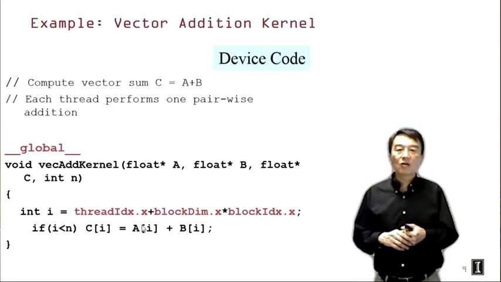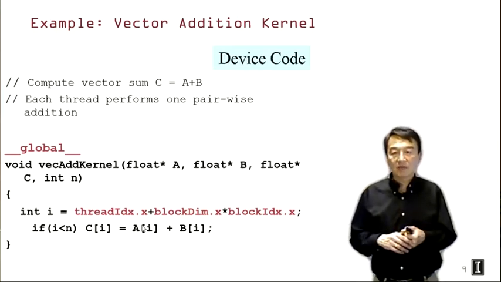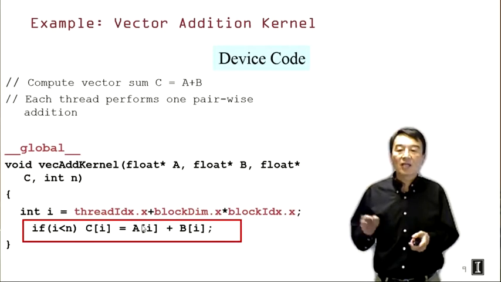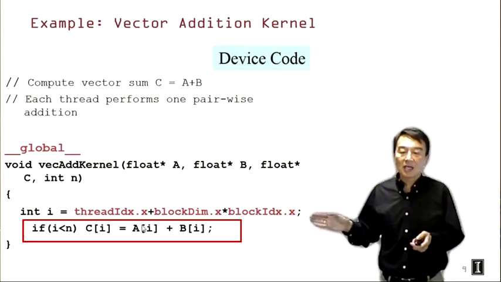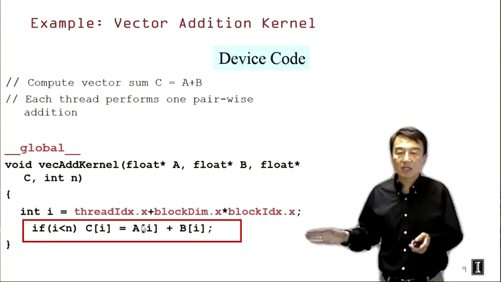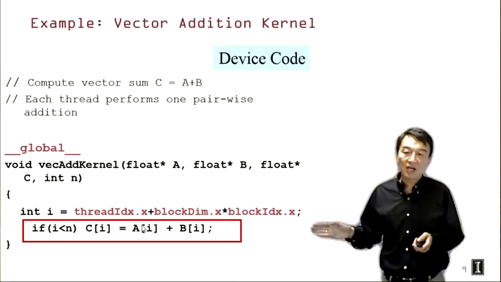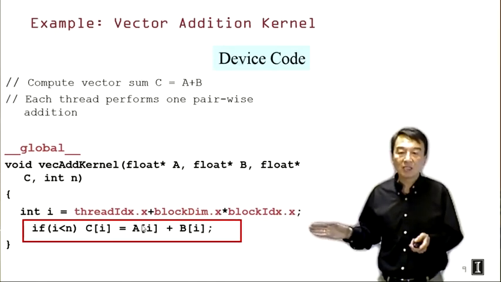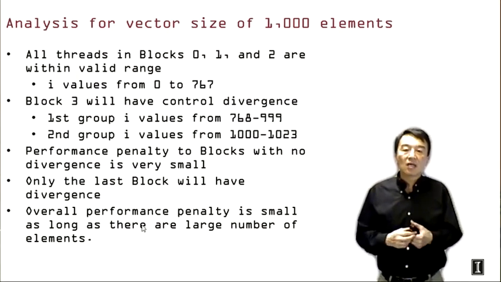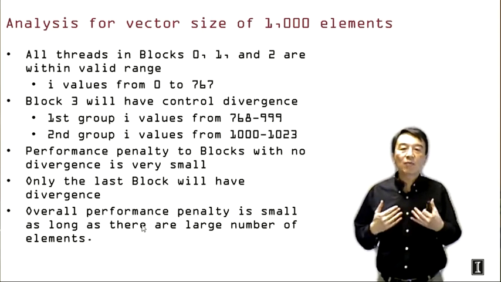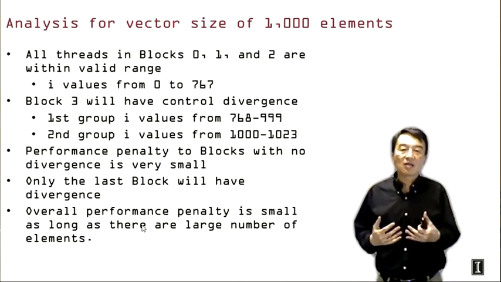So now let's go back to our vector addition example. So remember that we have a test here that is testing i is less than n. So we will have a situation where within the same block we may have a control divergence, but we may not have. So let's go into a little bit more analysis in the next slide here. Let's say we are processing 1,000 elements in our vector addition.